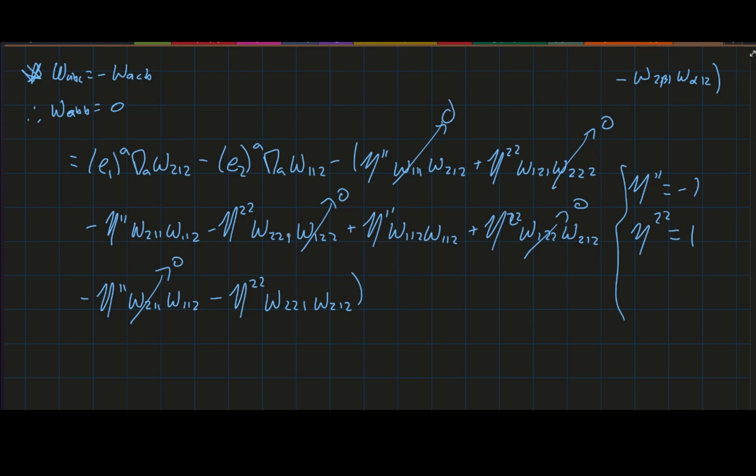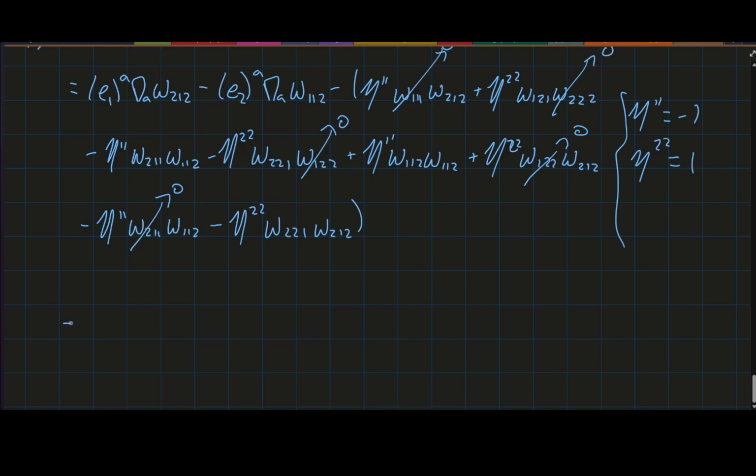And let's rewrite what we have here. So we get E1, A, nabla, A, omega 2, 1, 2, minus E2, A, nabla, A, omega 1, 1, 2, minus, okay, so we get, put a bracket, and we actually get from this term a negative, oh wait, this should be 0 because it has a 1, 1 in it, yeah.